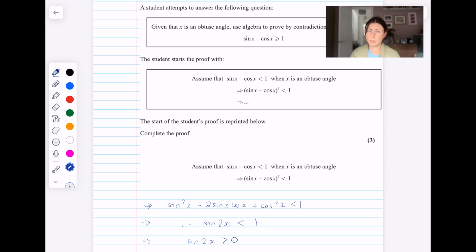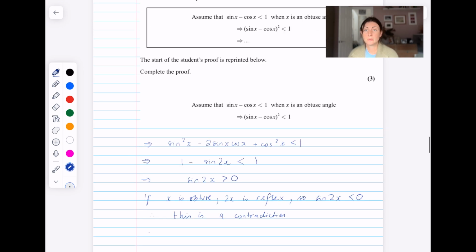But remember, this is a proof by contradiction. And so if x is obtuse, that means 2x, so double it, will be a reflex angle between 180 and 360, which is when sine 2x will actually be negative.